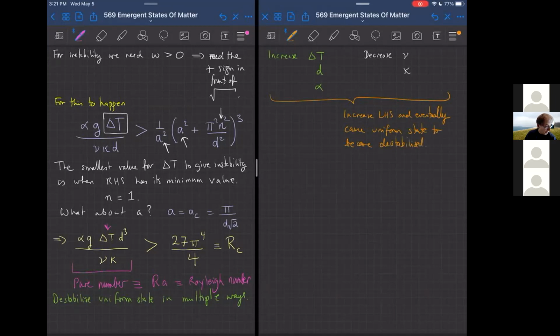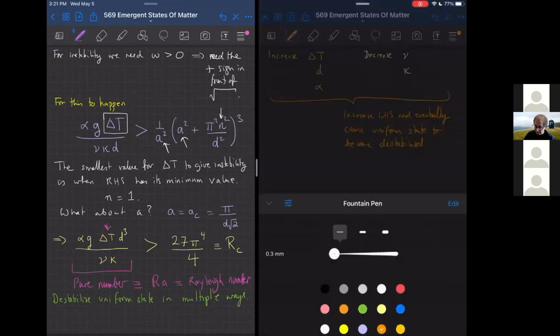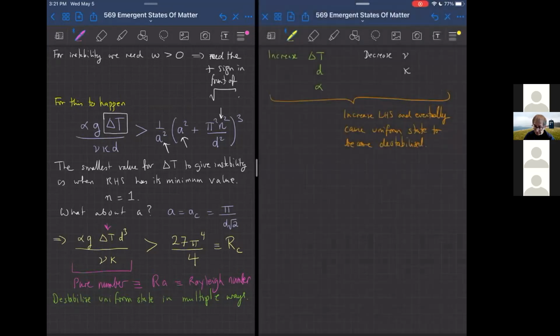And of course, if you're going to do this in an experiment, the most sensitive variable that you would vary is D, because it's the highest power. If you make a small change in D, that gives you a cubic power rather than just increasing delta T. And the other thing you can do is you can make nu very small.